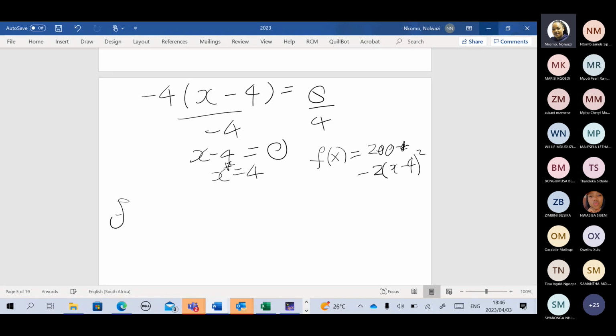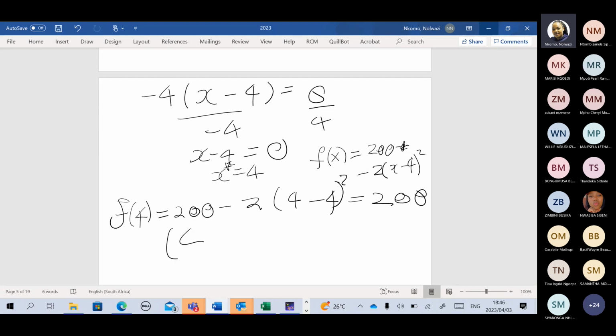We get f at 4, which is equal to 200 minus 2 into 4 minus 4 all squared. 4 minus 4 is 0, so 0 times 2 is 0. And 200 plus 0 is 200. So this means we have our point (4, 200). This is our turning point.